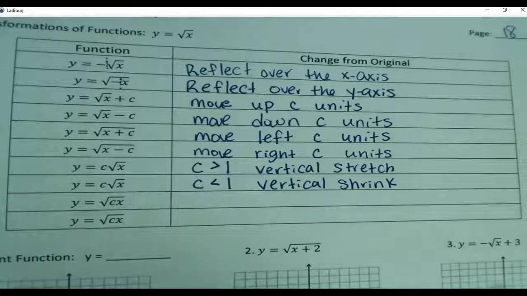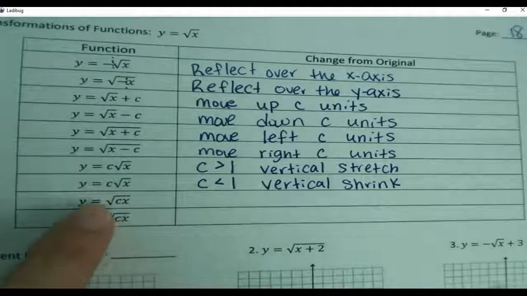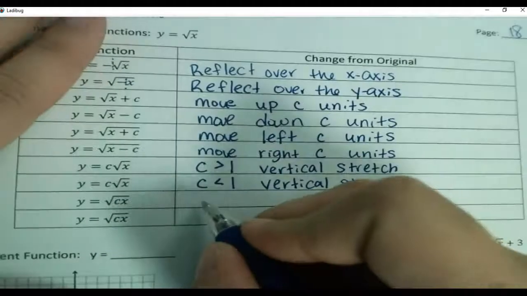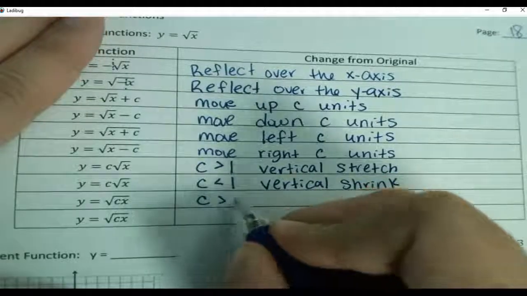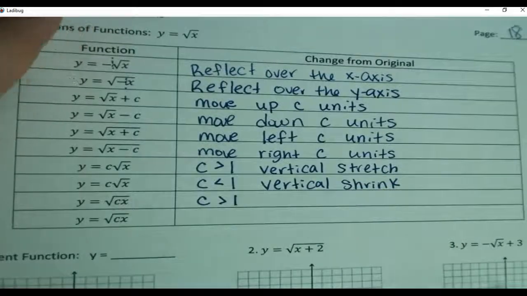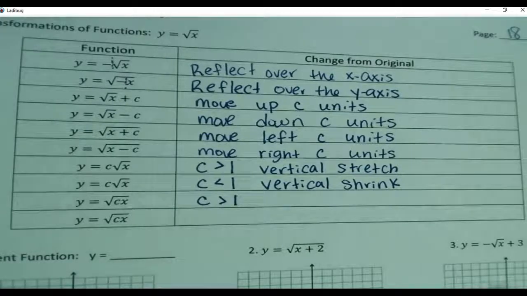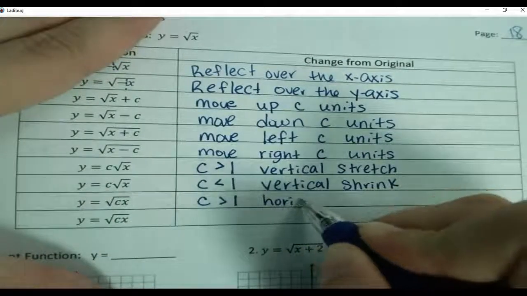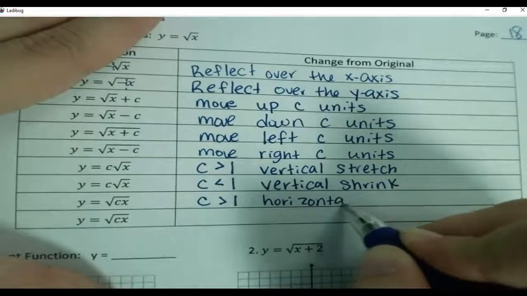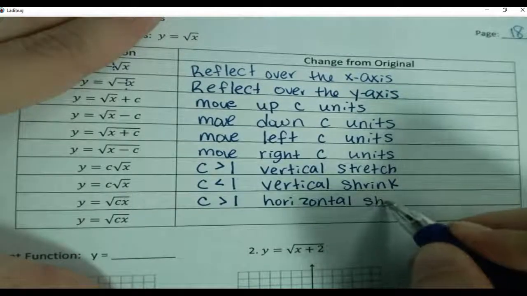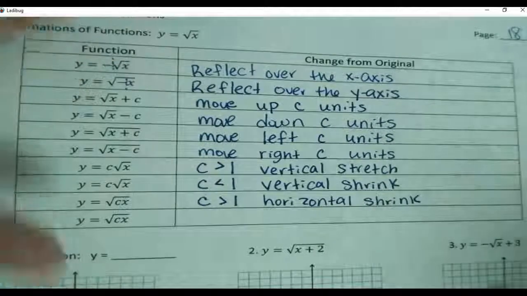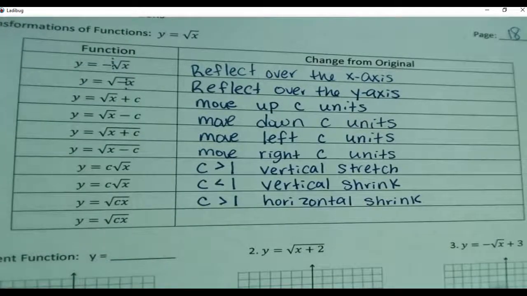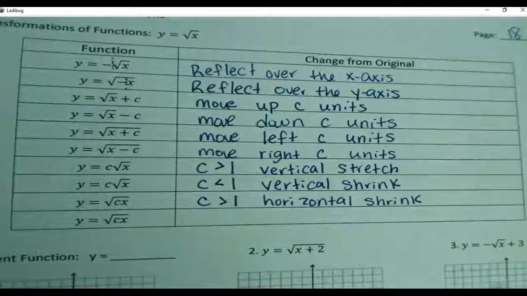So then if it's inside, those are horizontal. But again, it's the opposite. So if c is greater than 1, rather than a horizontal stretch, it's a horizontal shrink. Okay, so it's the opposite. Okay, so it takes the width and it squishes the width of it closer together.